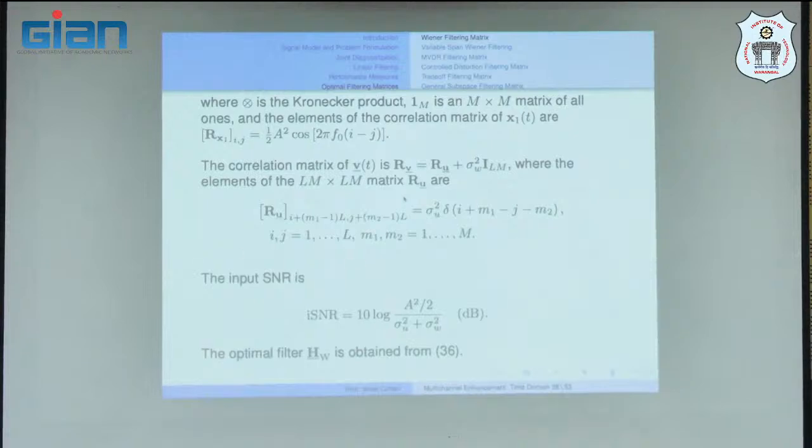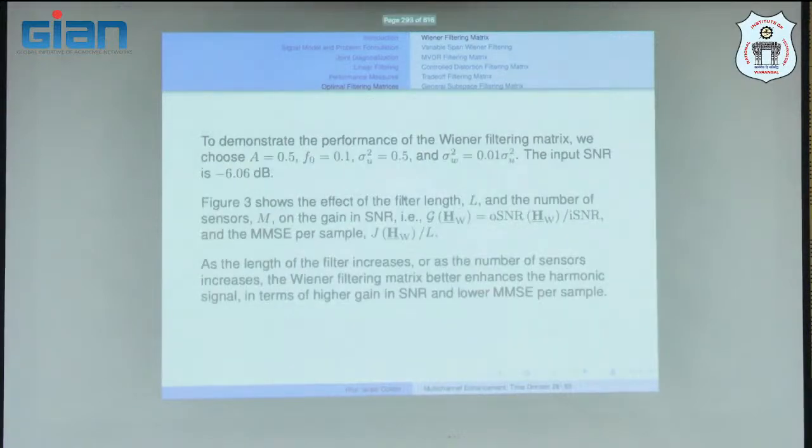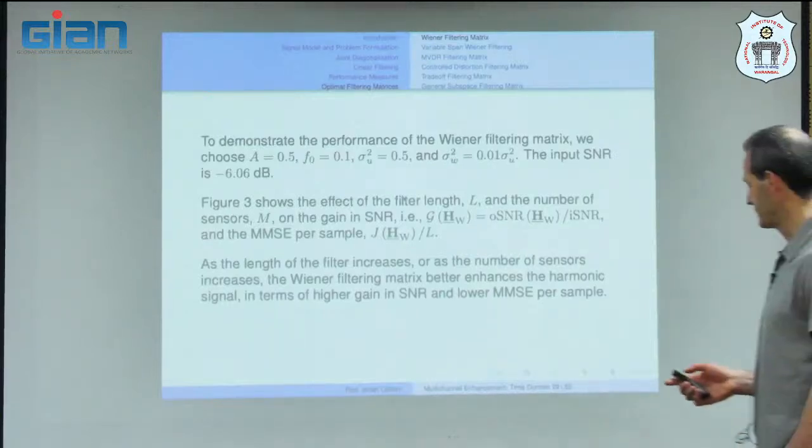And then we can compute from these two matrices the generalized eigenvectors and the generalized eigenvalues, and sort the eigenvalues in decreasing order. Okay? We can also compute the input SNR for this specific example. And let's see a specific example with these values.